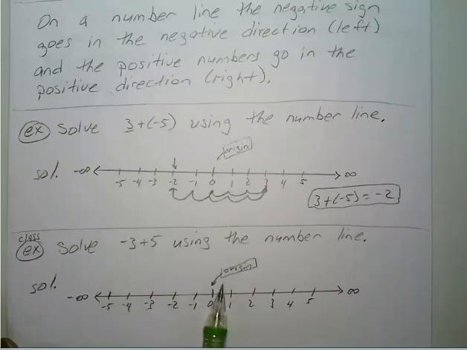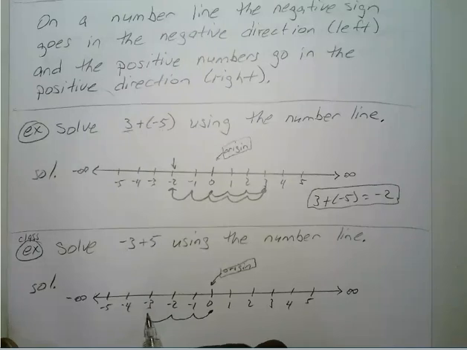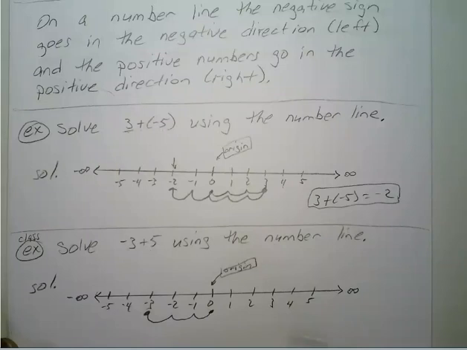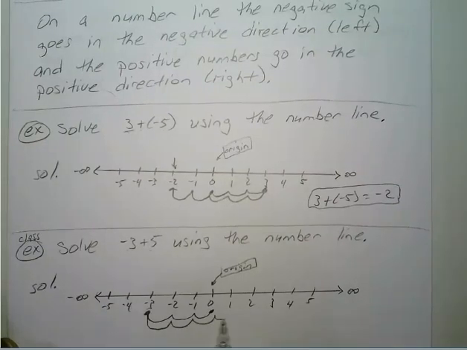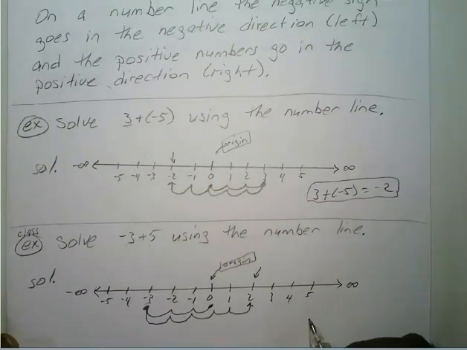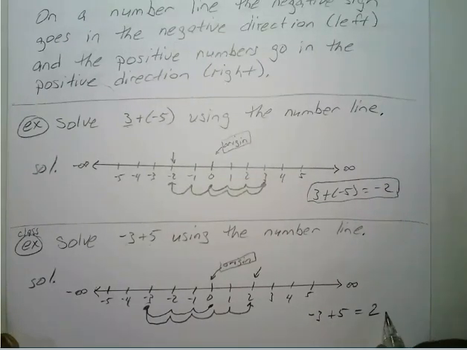Since the 3 is negative, we go 3 units to the left. The 5 is positive, so we go 5 units to the right, 1, 2, 3, 4, 5. It stops at positive 2. So negative 3 plus 5 equals positive 2.